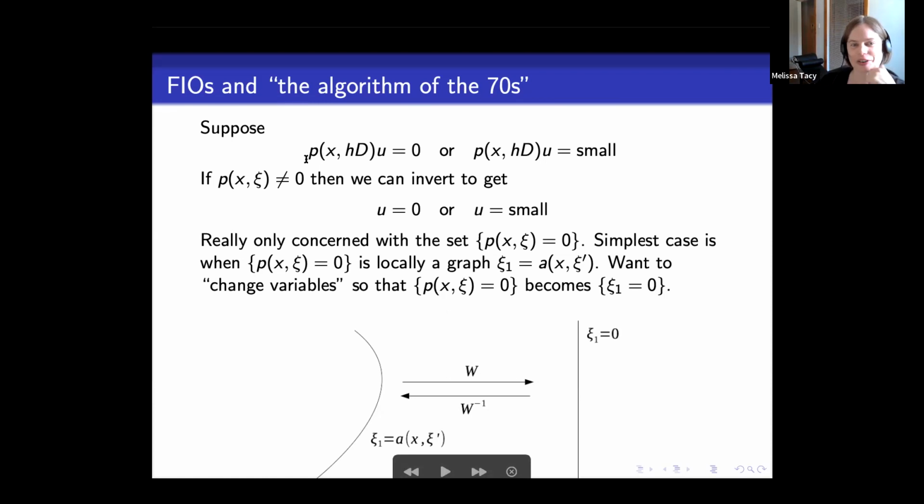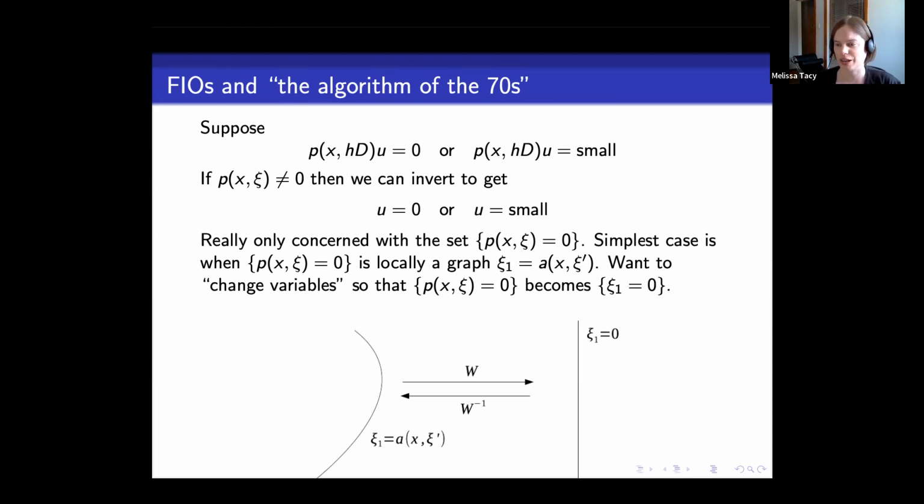So what we're trying to do is solve an equation P of U is equal to 0, or P of U is small if we're dealing with a quasimode. Now, firstly, if the symbol is not 0, then we've got this calculus that tells us we can invert. So you should think of this as being an idea that if the symbol is not 0, the operator is invertible, right?